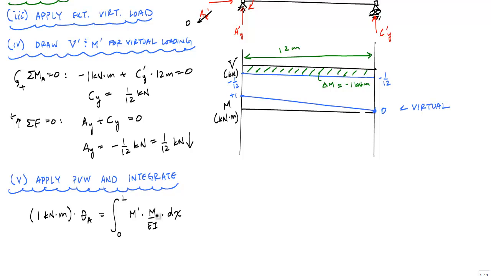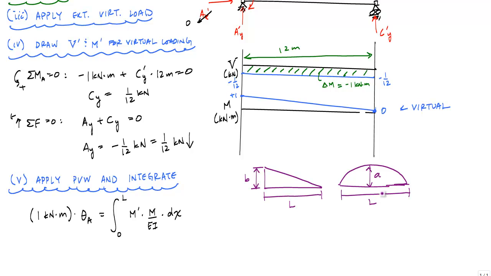So I have a textbook, and when I look inside this textbook over here, I find a triangle that looks like this and a parabola that looks like this, and when I integrate the two together, the integration product of these two functions is equal to 1/3 ABL.